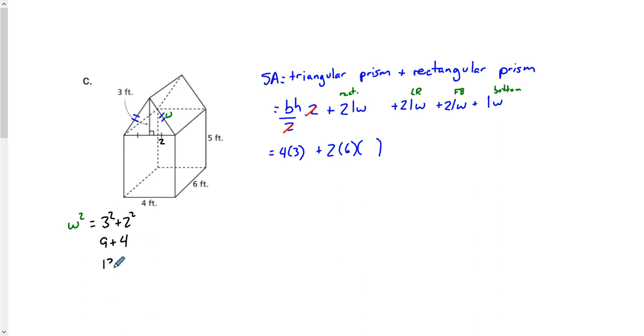That would come out as 13. Take the square root, and the square root of 13 comes out as 3.60. I know that I can leave that all in my calculator, so I'm just going to leave it in my calculator.